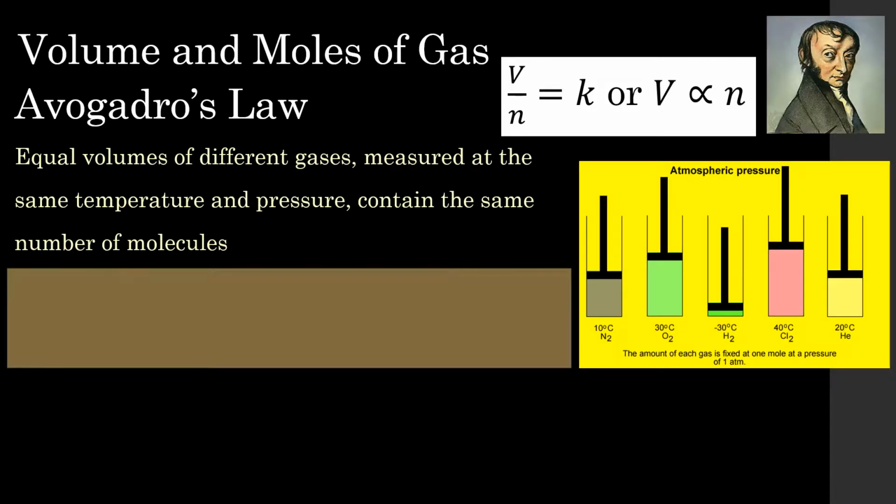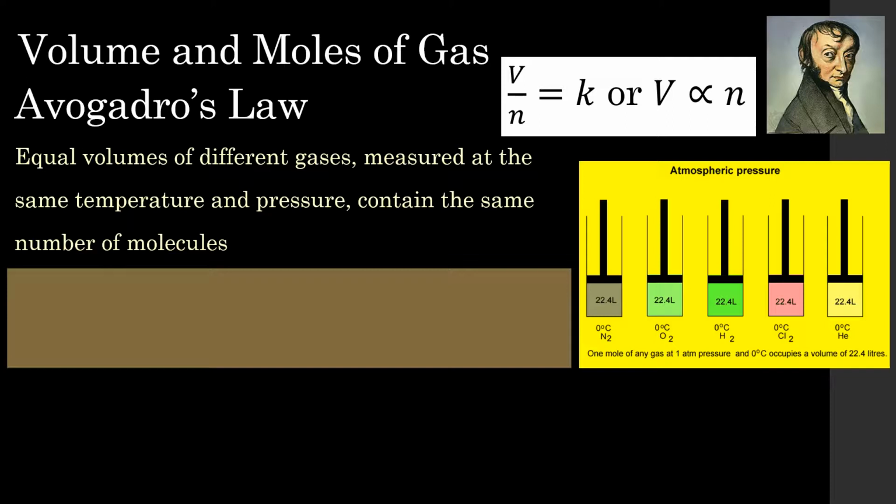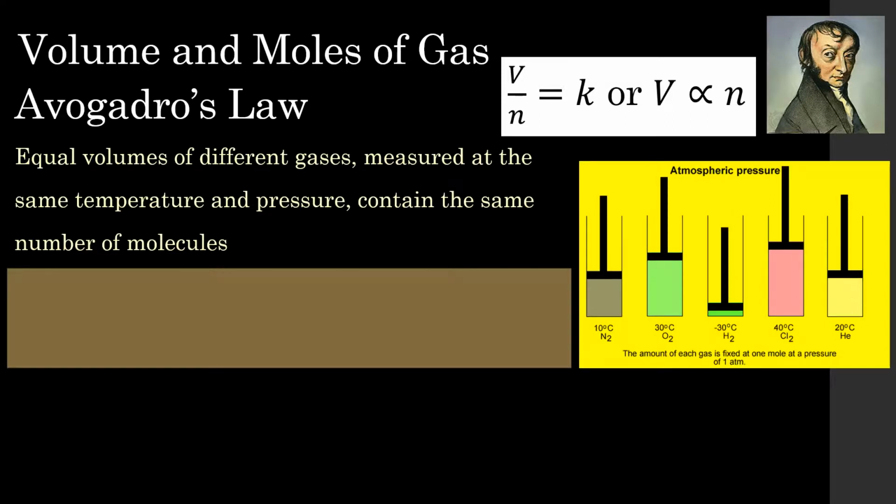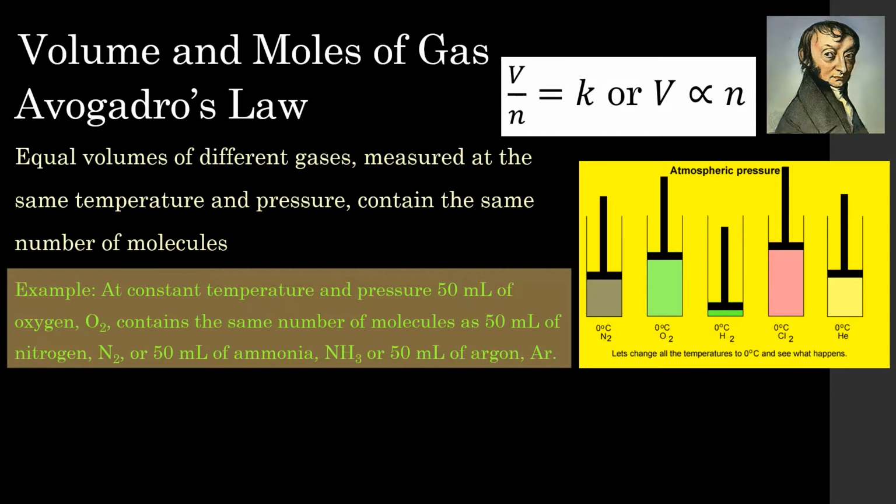Now the next one is the volume and the moles of gas, and this is Avogadro's law. So equal volumes of different gases measured at the same temperature and pressure contain the same number of molecules. So this is a great thing. You'll see a couple of different numbers for this. You'll either see 22.4 at STP or 22.7 at STP. And we'll just explain a couple of differences.